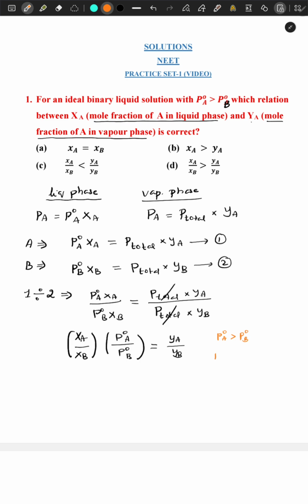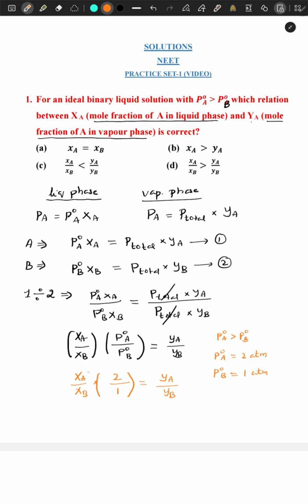Suppose, assume P0A value as 2 atm and P0B value as 1 atm. So what does this equation become now? Chi A by chi B into P0A, which we have assumed as 2 atm, and P0B assumed as 1 atm, is equal to Ya by YB. What is the significance of this equation?